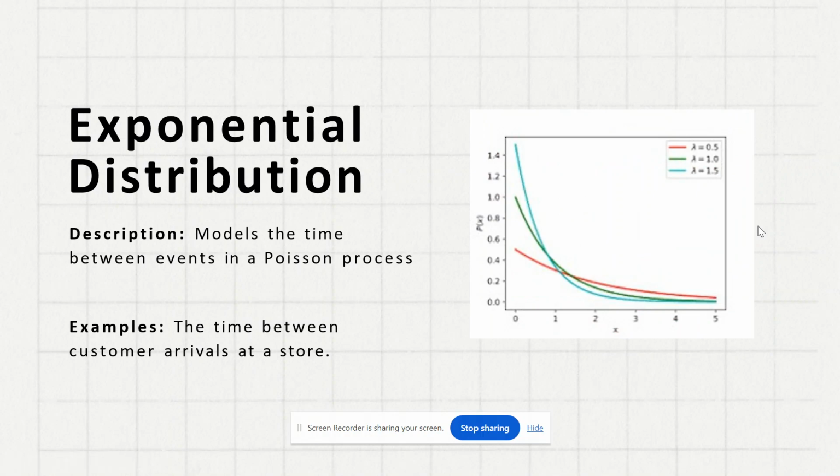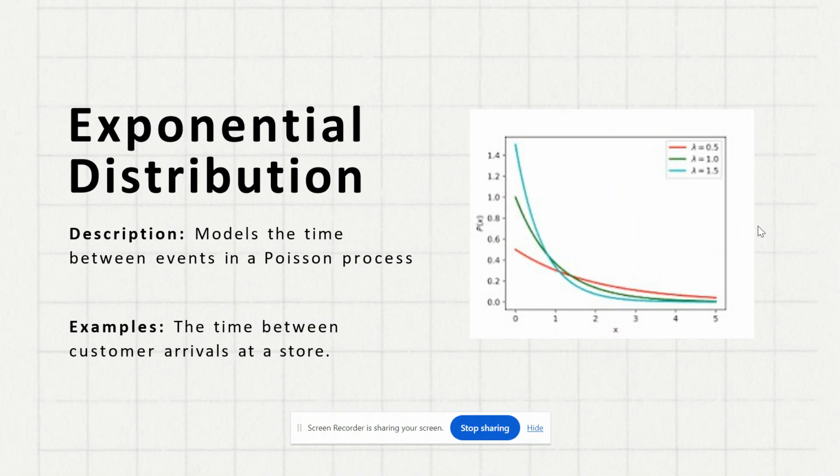Exponential distribution models the time between events in a Poisson process, for example the time between customer arrivals at a store. As I told you about the Poisson distribution, when we calculate the number of events in a specific interval of time.